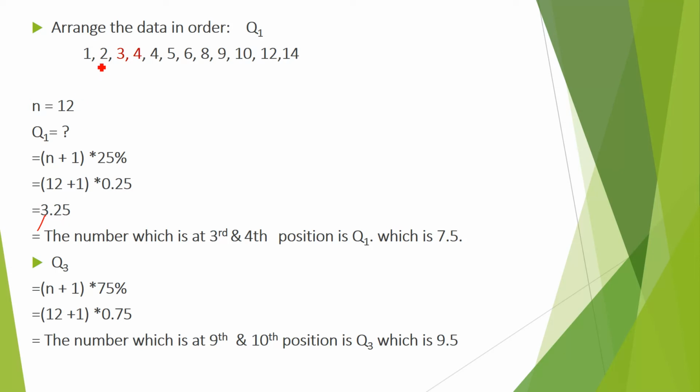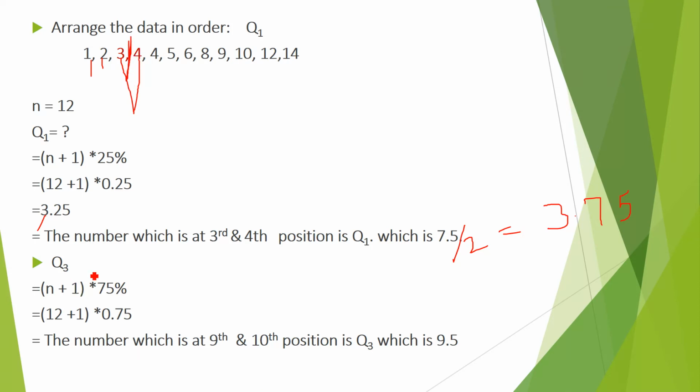In the third position, 1, 2, 3 we have this. In the fourth position we have this. So it will be 7.5 divided by 2, which is 3.75 times 2, 6.75 is the quartile. So it lies here between the 3rd and 4th positions.